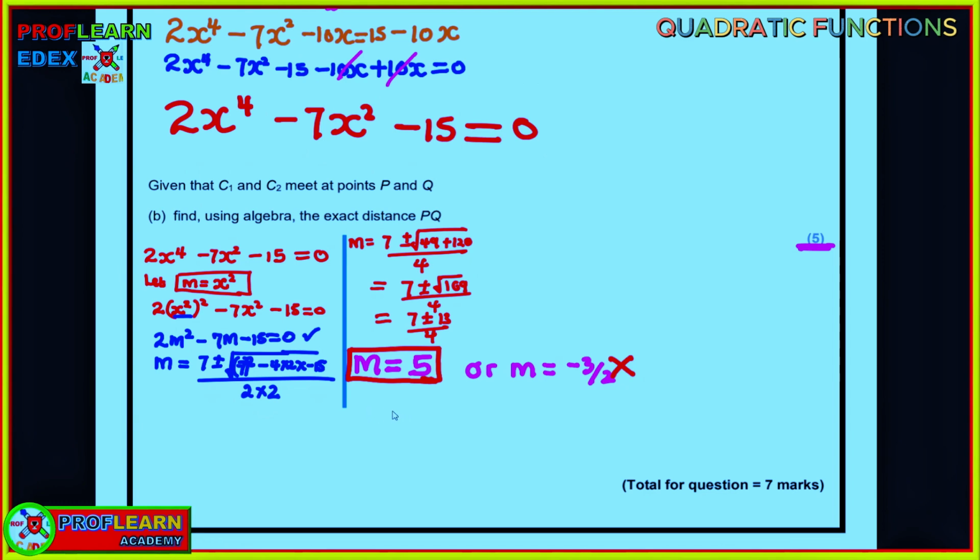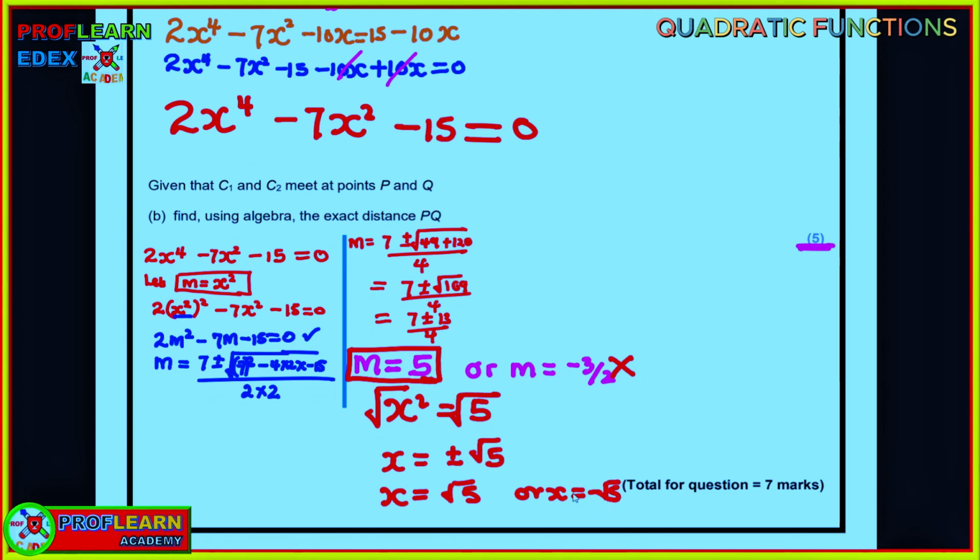So we are going to say therefore x squared equals 5. Then we can find the square root in this case, and we are going to say therefore our x is equal to plus or minus the square root of 5. x is equal to root 5, or x is equal to negative root 5.